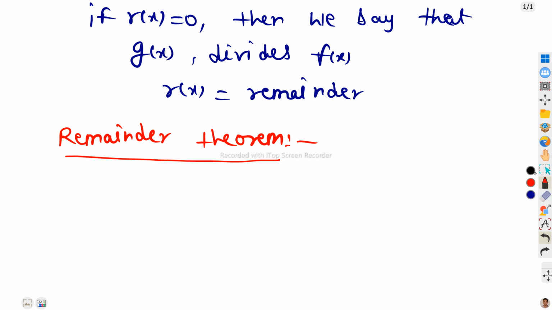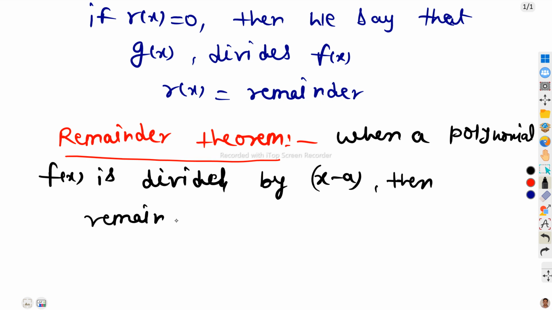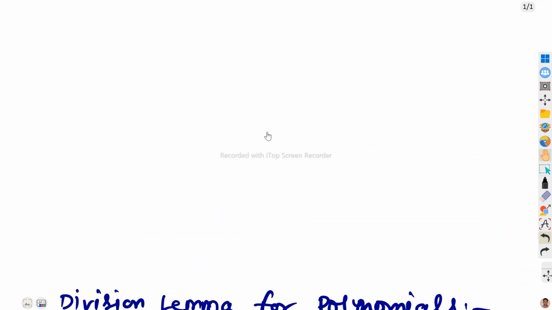So the statement is: when a polynomial f(x) is divided by x minus a, then the remainder is f(a).